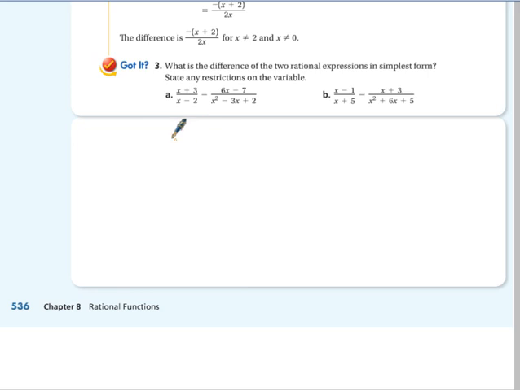All right, you're back. Hopefully for 3A, you get x minus 2 over x minus 1, and x cannot be equal to 1 or 2. Okay. And for B, hopefully you got x squared minus x minus 4 over x squared plus 6x plus 5, and x cannot be equal to negative 5 or negative 1.